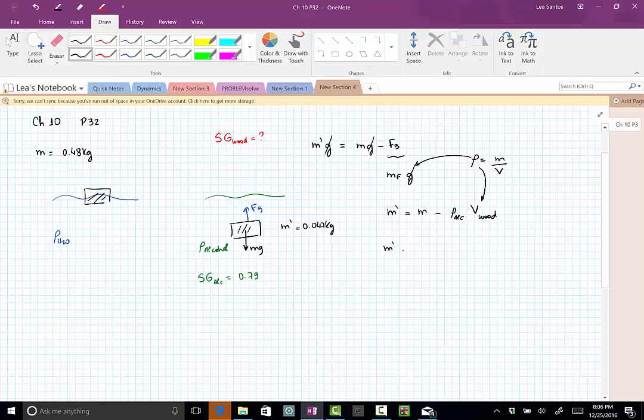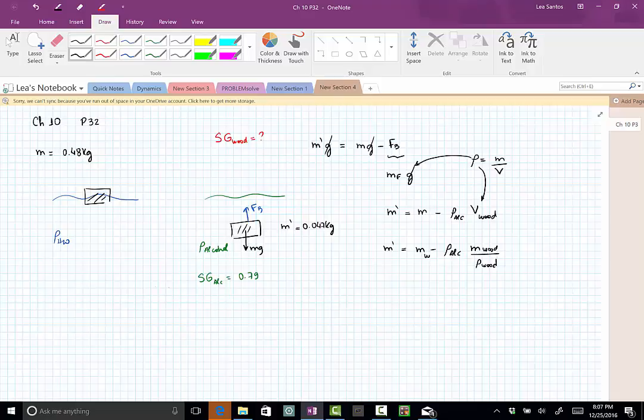The apparent mass is equal to the real mass minus the density of alcohol, and instead of the volume I'm going to write the real mass of the wood. This one we know, it's the same mass, divided by the density of wood.